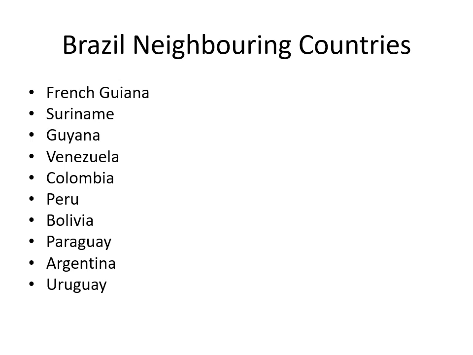Now this is the list of the countries that share border with Brazil. French Guiana we already observed in the map. Suriname, Guyana, Venezuela, Colombia, Peru, Bolivia, Paraguay, Argentina, and Uruguay. These are the countries with which Brazil shares its borders. I would like to ask you to learn these countries and the direction in which they lie.